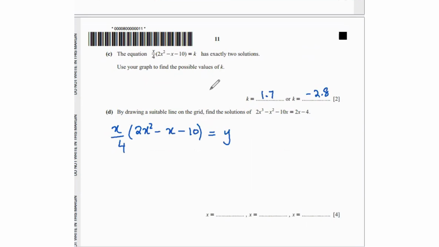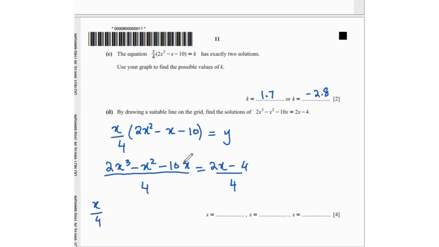Now we have to figure out what that is. If I divide both sides by 4, that gives me x over 4, because x is common in all of these terms, multiplied by 2x squared minus x minus 10. And over here, it becomes x over 2 minus 1.